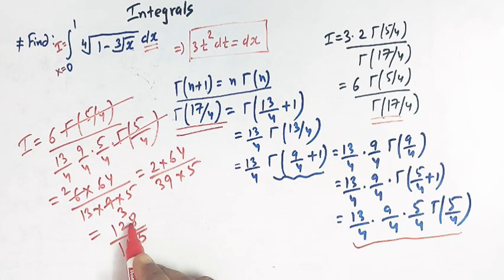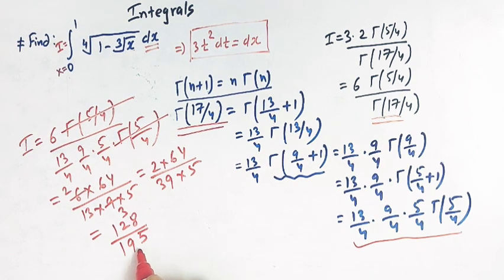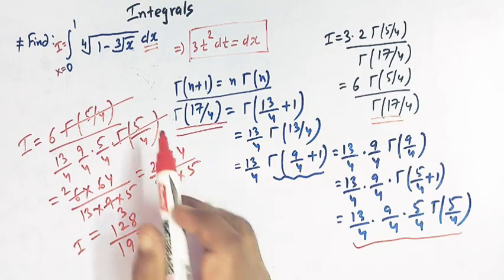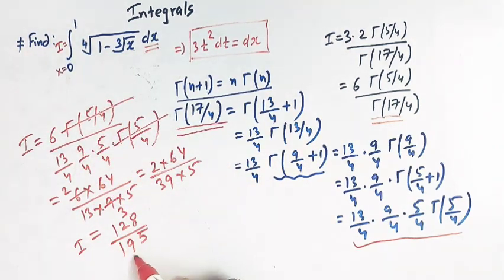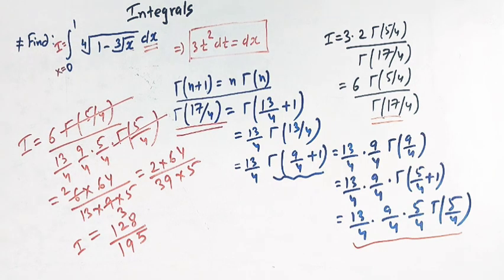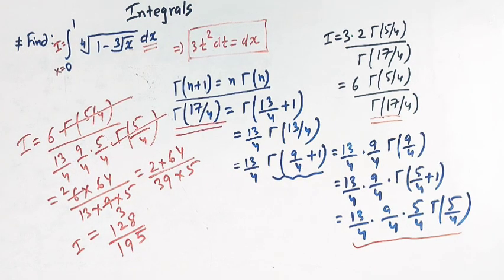So we have 128 over 195, right? So viewers, the value of this integral is equal to 128 divided by 195, right? So this is how by making use of the concept of gamma function and beta integral, we can solve these kind of integrals.